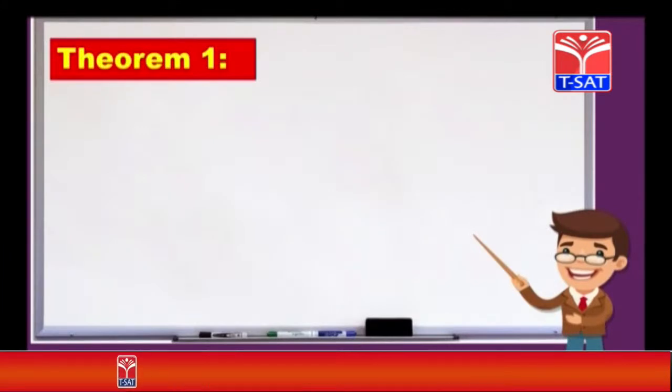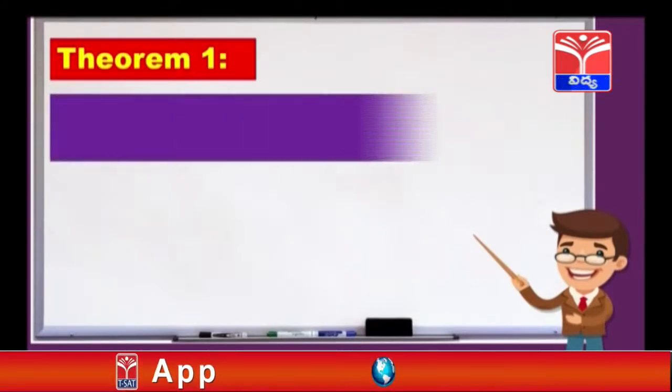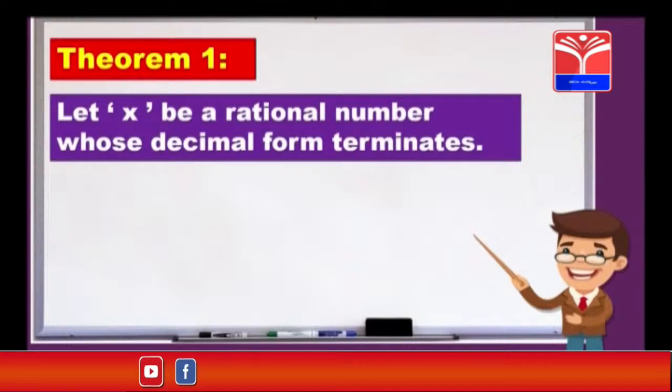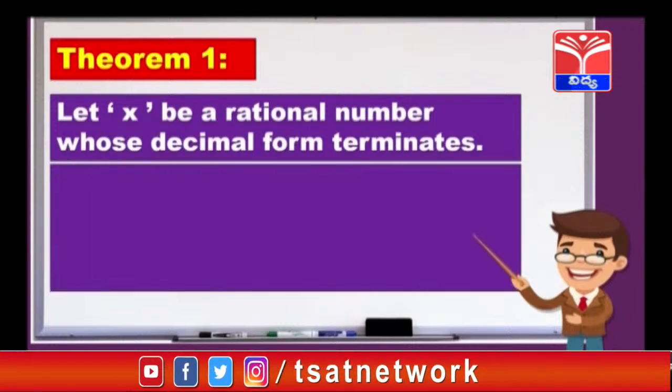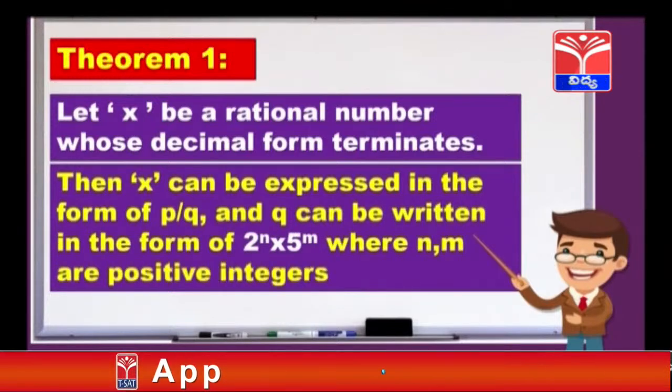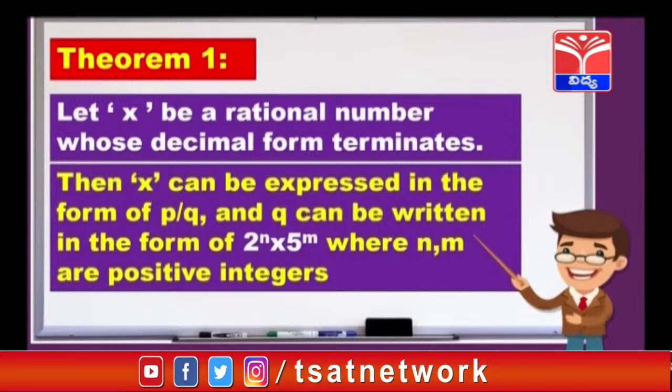Based on this, we have 3 theorems. The first theorem is: let x be a rational number whose decimal form terminates.